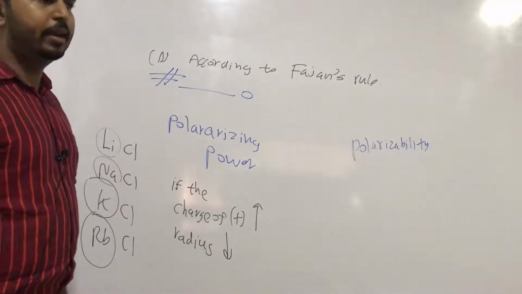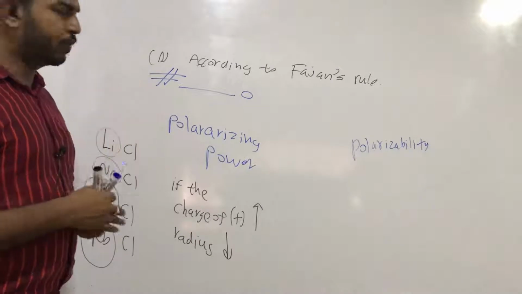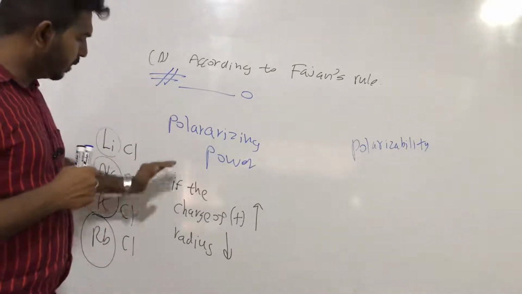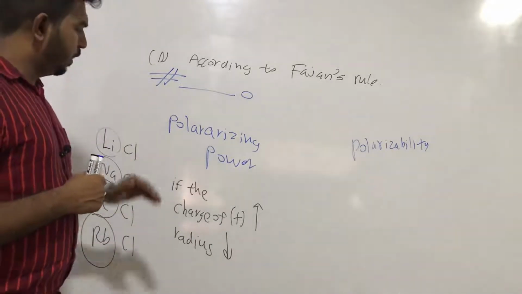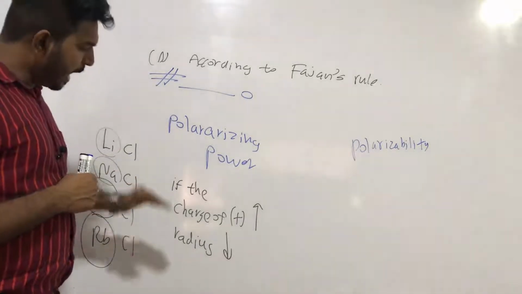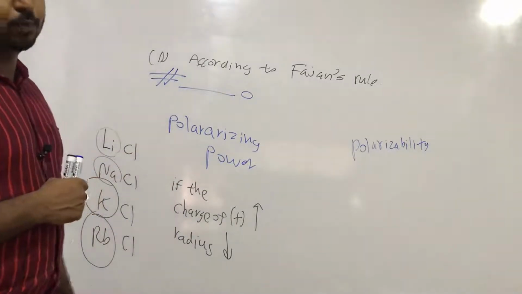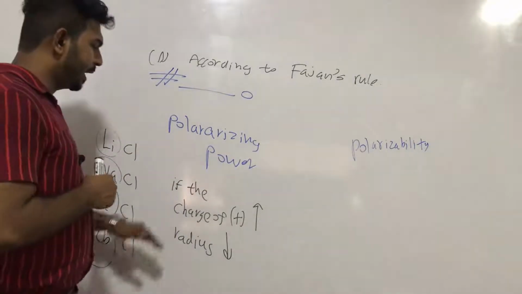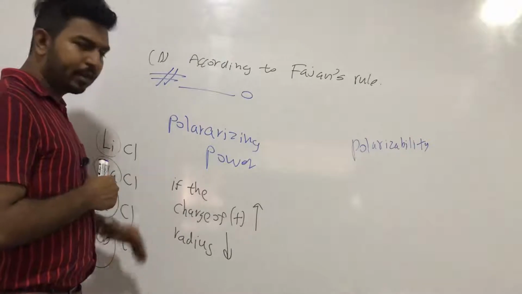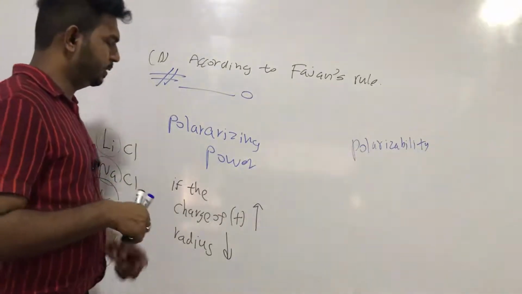Don't think about the meaning of these words, just understand this: when the charge of the cation increases and the radius decreases, polarizing power increases.